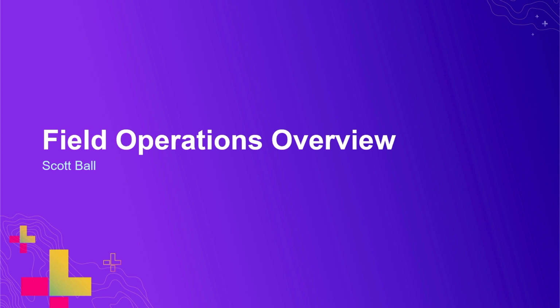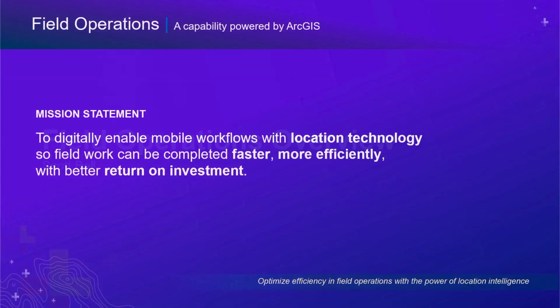First, I'll give a high-level overview of how we think about field operations apps here at Esri. We do have a field operations suite of apps, and they help you do your field-related workflows in a number of different ways. Our mission statement when we think about field operations is to digitally enable mobile workflows with location technology.